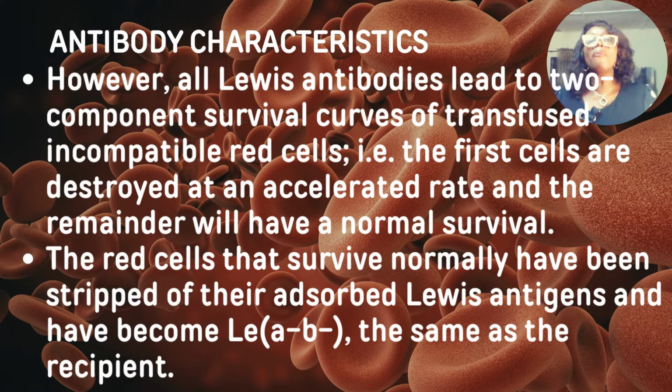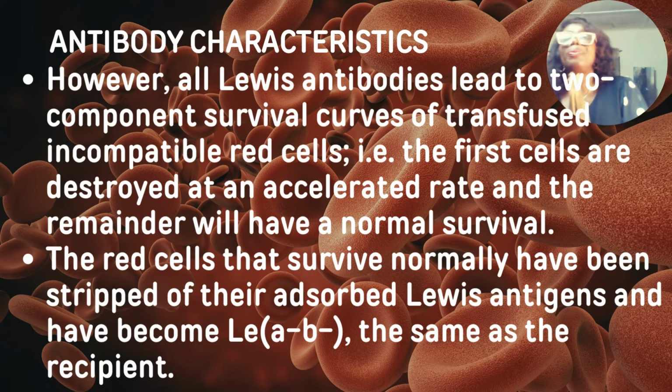they tend to lose their antigen into the plasma. So with time, they lose all the Lewis antigen on the red blood cells, and the antibodies can no longer attack the transfused red cells. This is what I'm trying to explain here: all Lewis antibodies can lead to two component survival curves of transfused incompatible red cells.